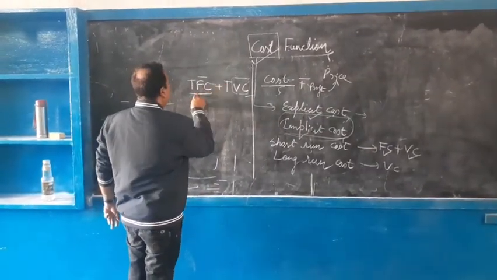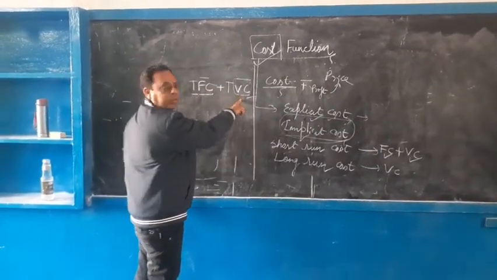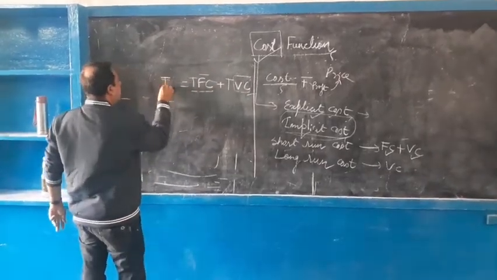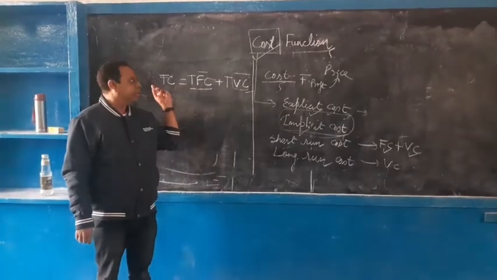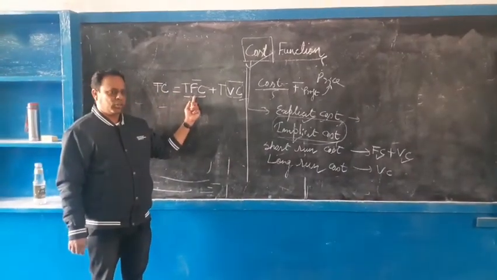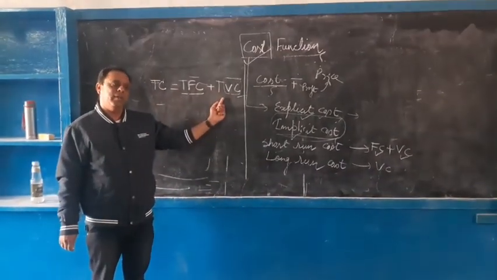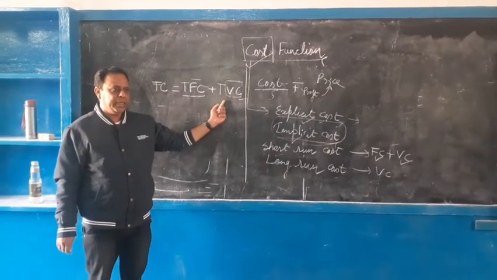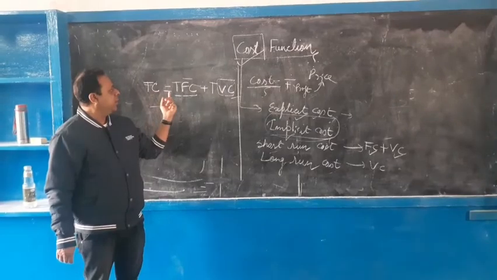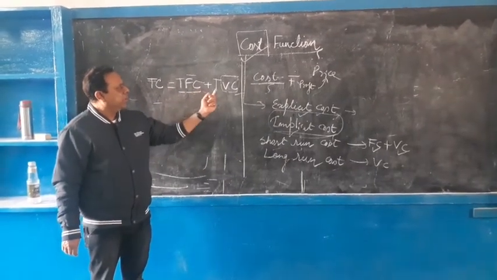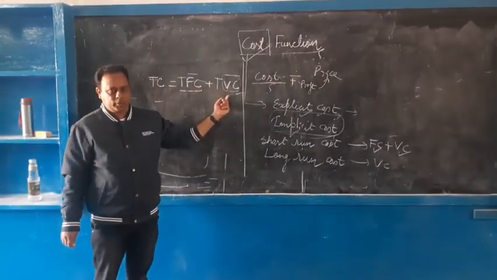And the sum of total fixed cost and total variable cost will be total cost. So total cost is the sum of total fixed cost and total variable cost. Got it clear? This is the formula for total cost. Total cost is total fixed cost plus total variable cost.